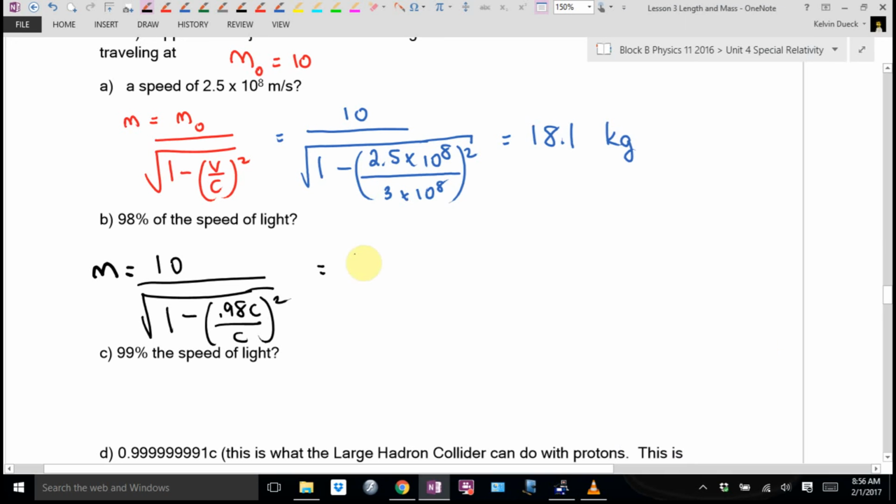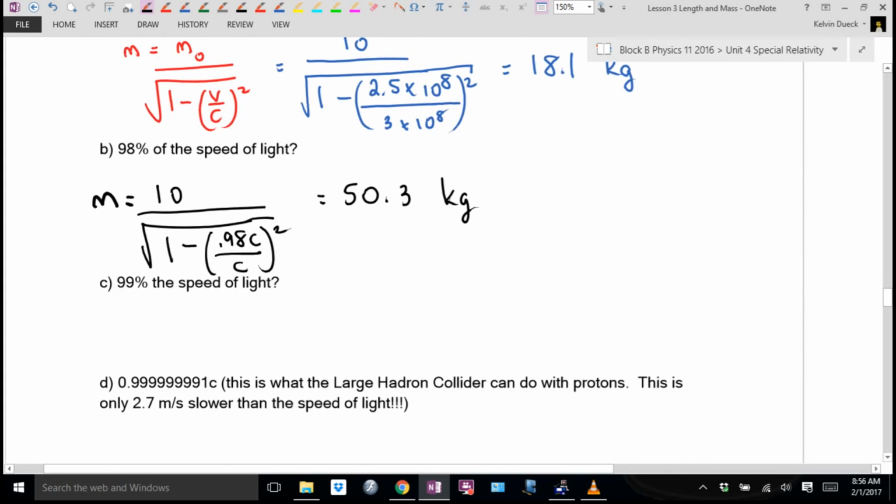if I round off properly. I have to be careful, not weight, it's mass. It already has a mass 5 times greater than it did before. What if we try going 99% of the speed of light? It's going to be 10 all over the square root of 1 minus 0.99 c over c, all squared.